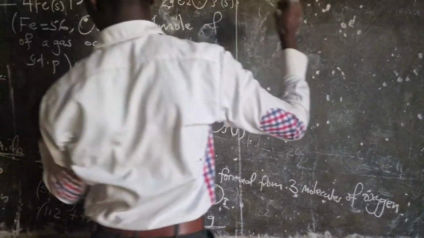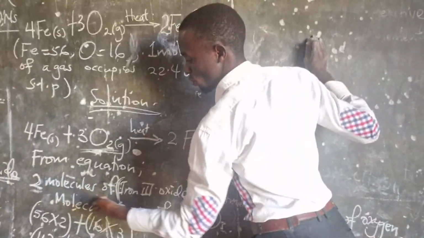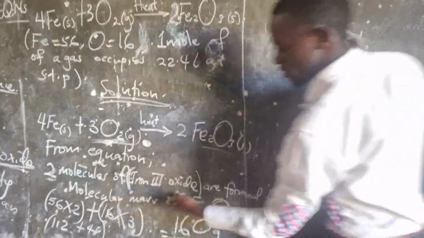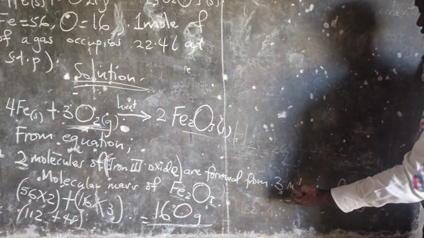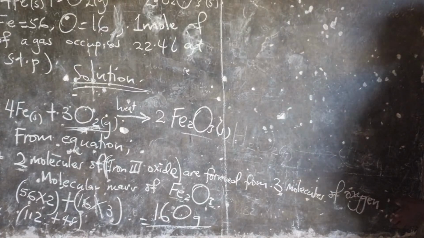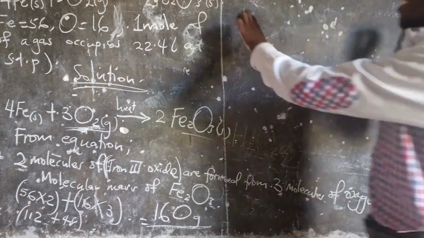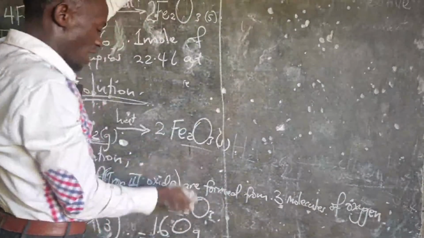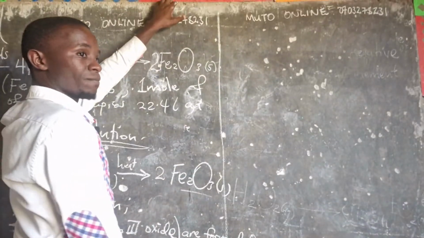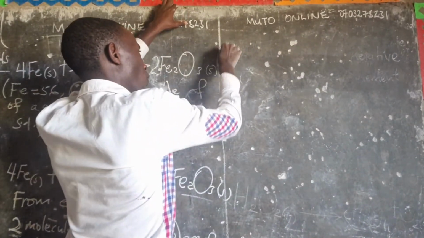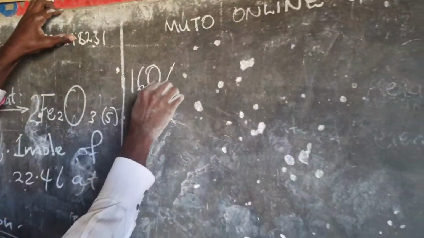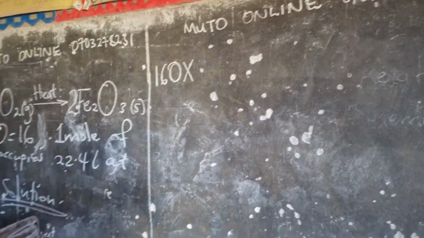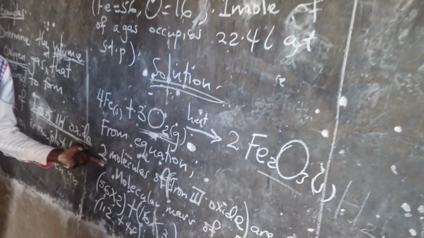It is indicated that two molecules of iron 3 oxide are formed from three molecules of oxygen when reacted or heated with iron. So this means the standard mass is 160. We shall have 160 grams, but multiply it with the number of molecules we talked about for iron 3 oxide from the equation.